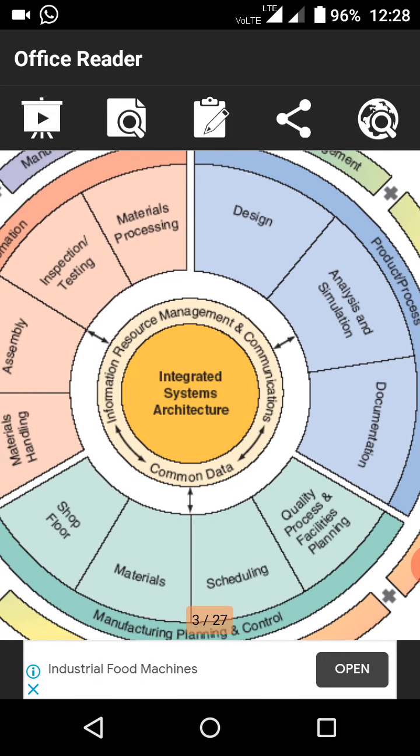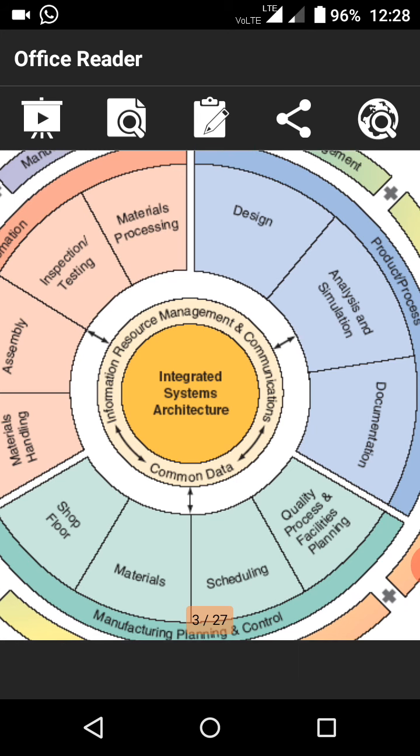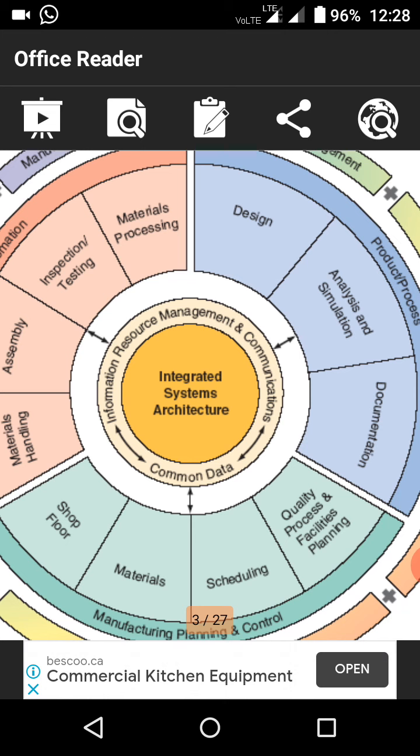There are two concepts under that: material planning, and machine loading and scheduling. Machine loading is to keep the materials on the machine, and scheduling means fixing the starting time and removal time. That is called production planning.